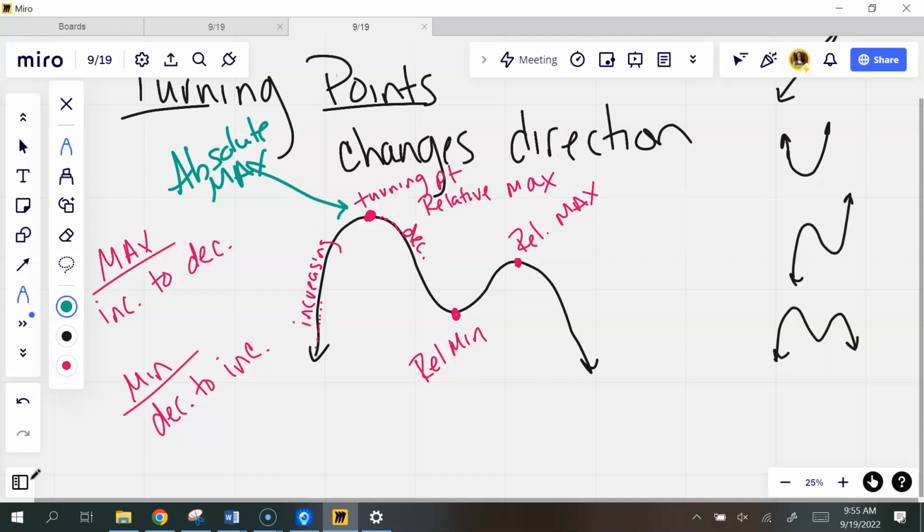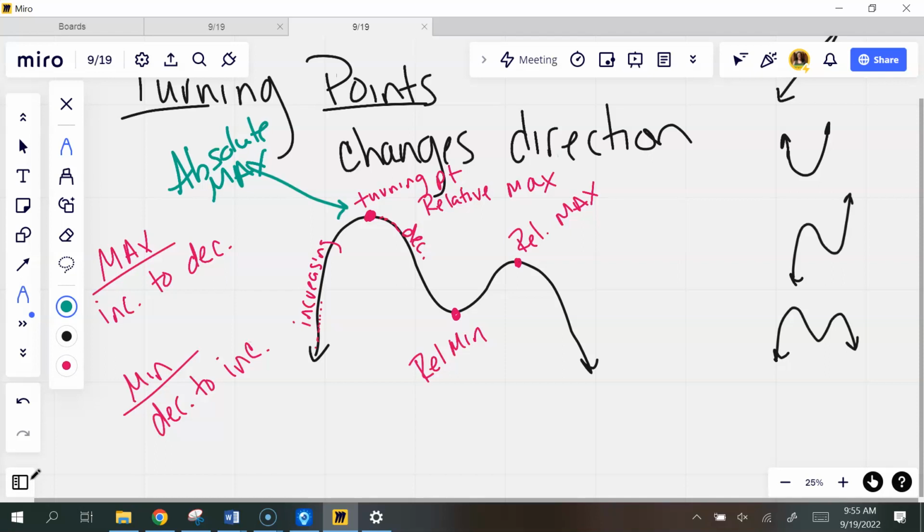But not every graph has one. It's kind of like every square is a rectangle, but every rectangle is not a square. So everything can be called a relative because it's relative in its area.